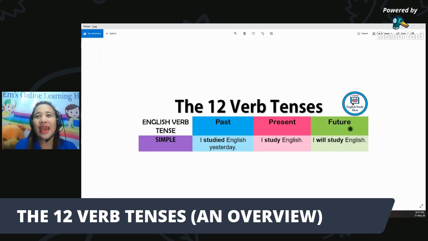Then we have the simple future tense. The example says, I will study English. What's the usage? This is to indicate an action, a condition, or circumstance which has not taken place yet.